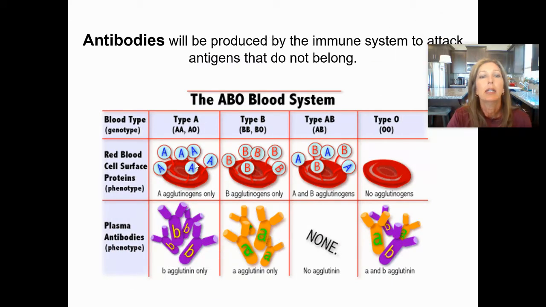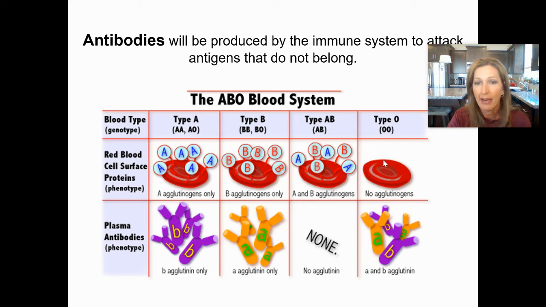Now, here's another diagram that helps you understand the antigens, these proteins that already exist on the surface of our cells. This is just the ABO system, but it also tells you what antibodies your immune system would be producing. For me, I'm type O blood.